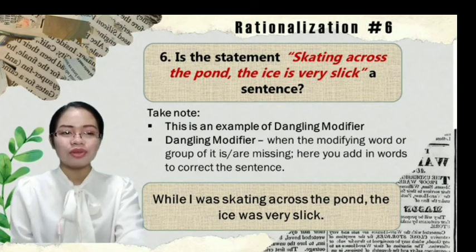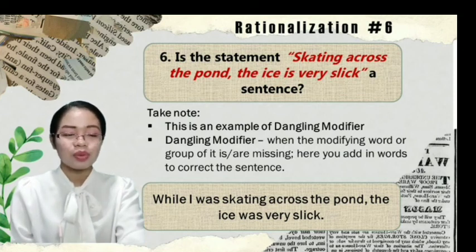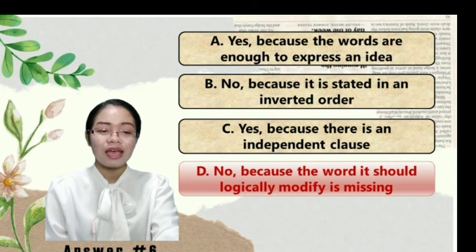So instead of using skating across the pond, the ice is very slick, which basically makes it a dangling modifier, let's make it: while I was skating across the pond, the ice was very slick. So, while, which is a subordinating conjunction. So basically, item number 6 is not an example of a sentence because the word it should logically modify is missing.